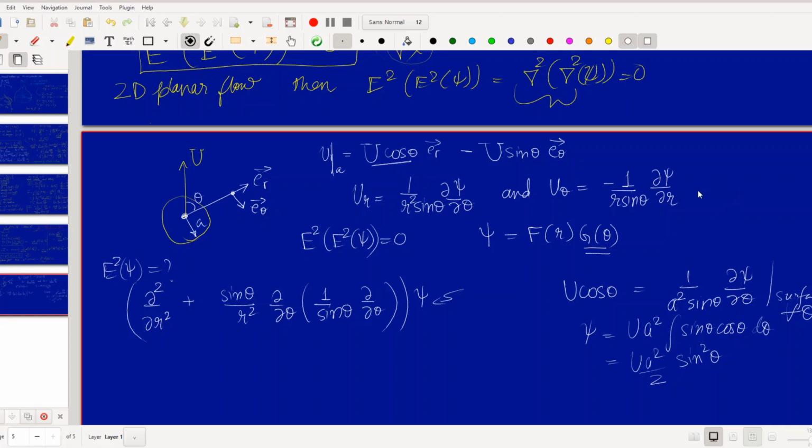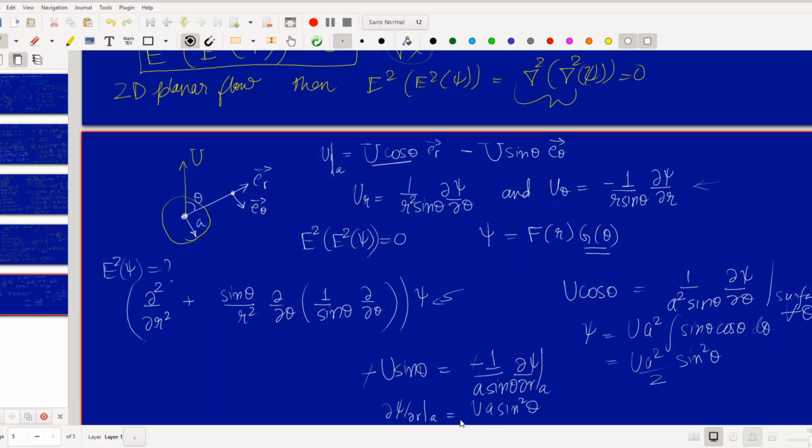Similarly, from this equation also, let us see what we can estimate. From this equation, minus U sin theta is equal to minus 1 upon a sin theta del psi by del r at a. So del psi by del r at a is equal to, this minus sign cancels out, U a sin square theta.